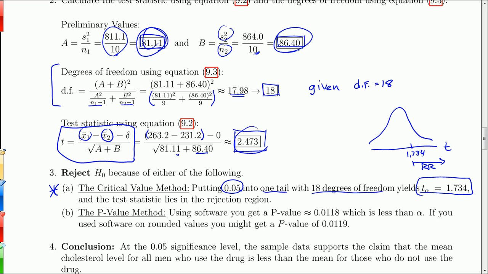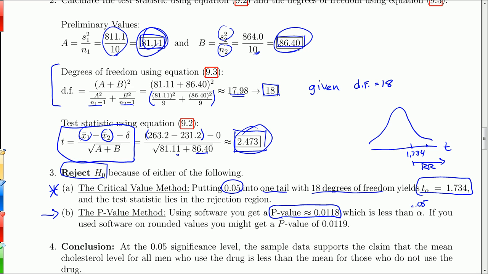If you look at your test statistic, 2.473, it is indeed in the rejection region, so we reject the null hypothesis. If you have software, you get a p-value of 0.0118, which is smaller than alpha, the significance level, which is 0.05.